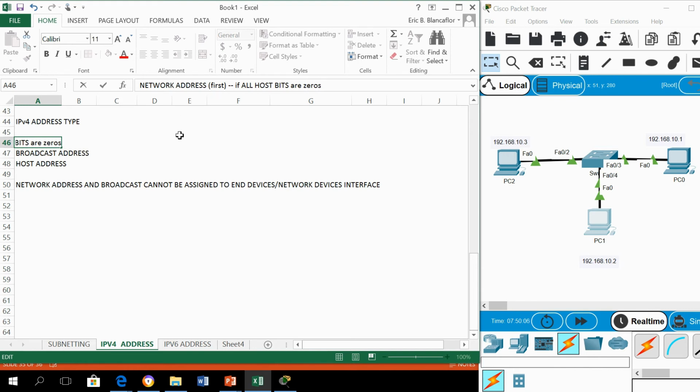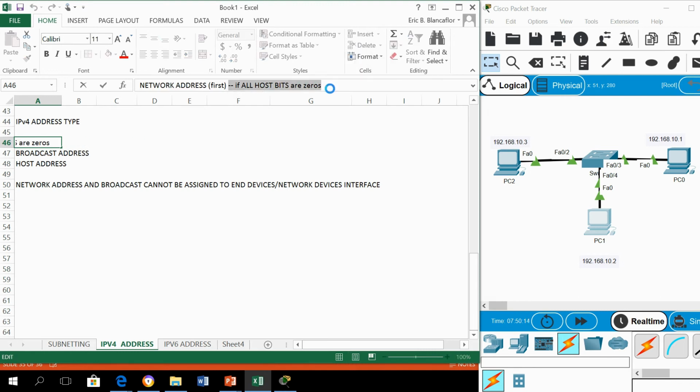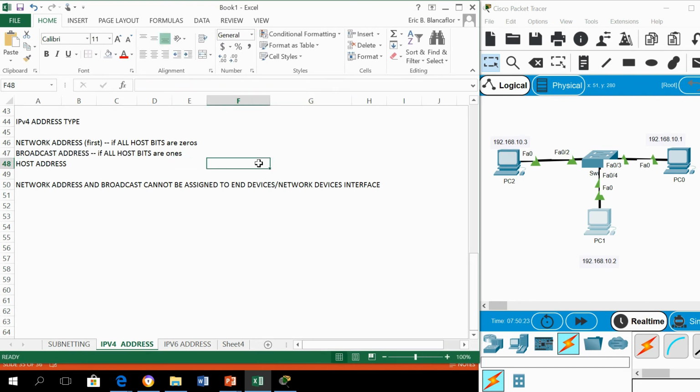While a broadcast is when all host bits are ones. That's how we define a broadcast. And if it is not a network or a broadcast address, then it is a host address. Okay, that's how it is.